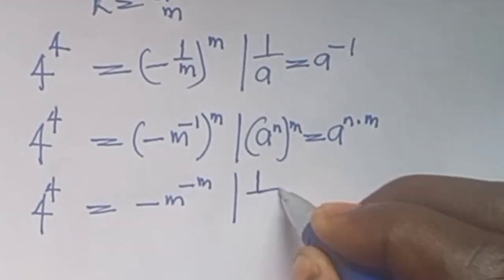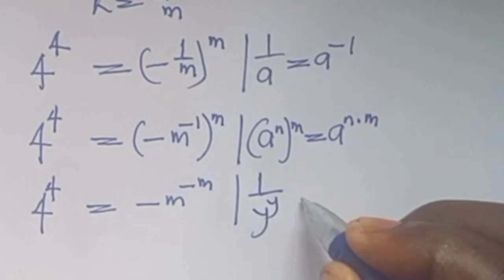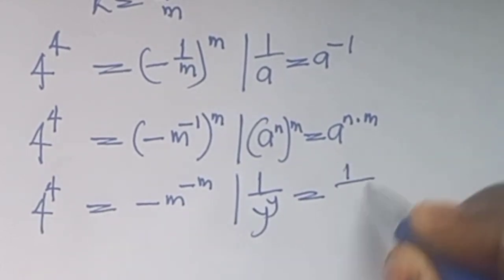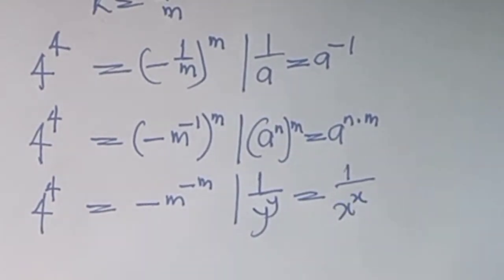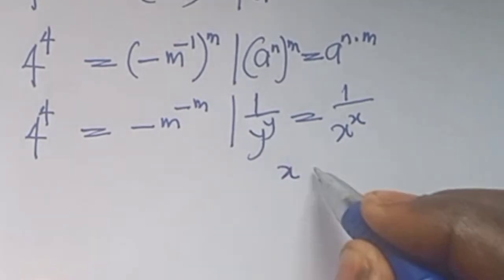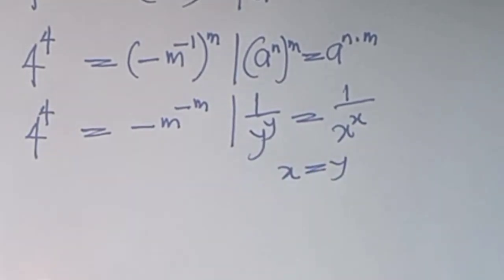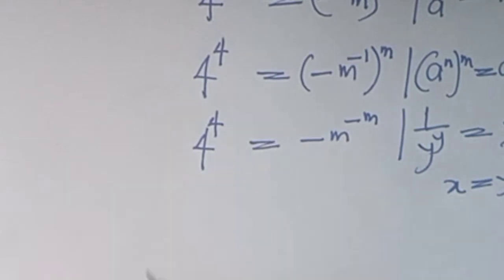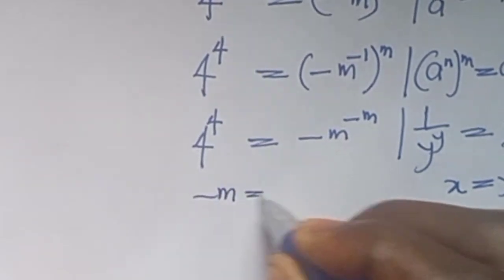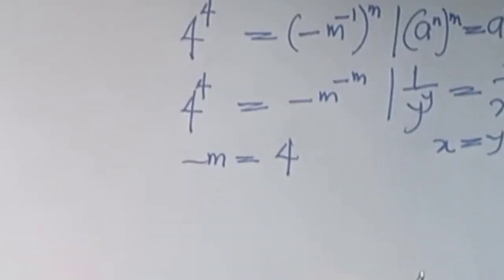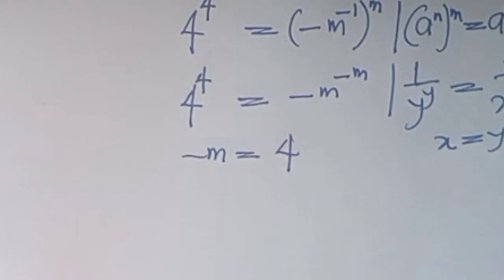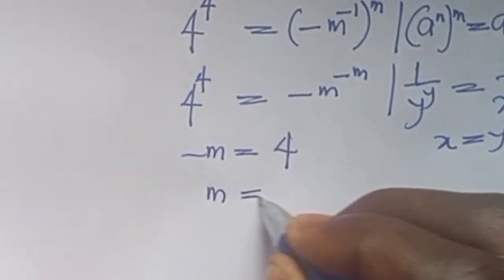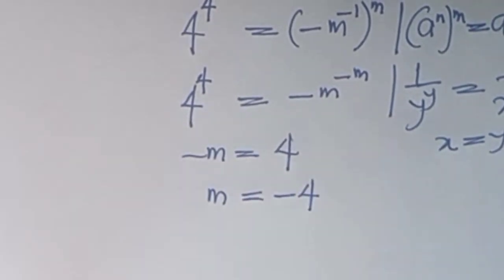But recall that 1 over y to the power of y equals 1 over x to the power of x. Here we can say x equals y by comparison. So by comparison also, minus m will equal 4. And if we multiply both sides by minus 1, m therefore will equal minus 4.